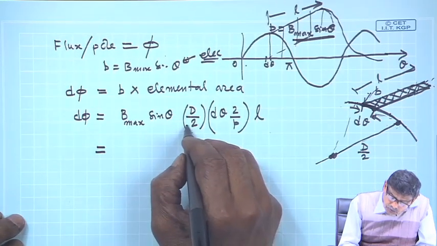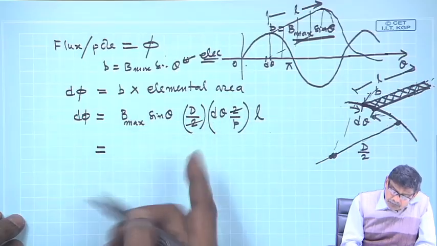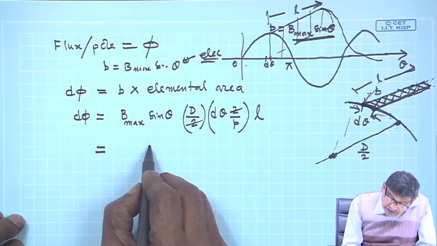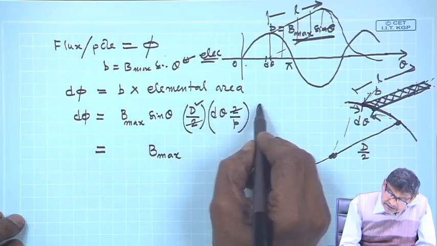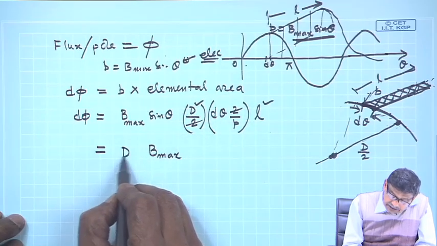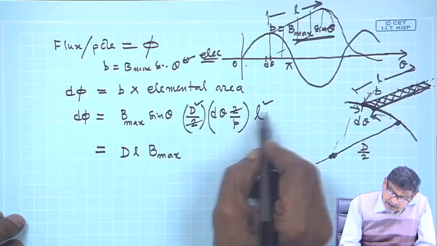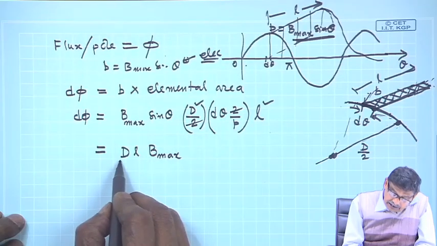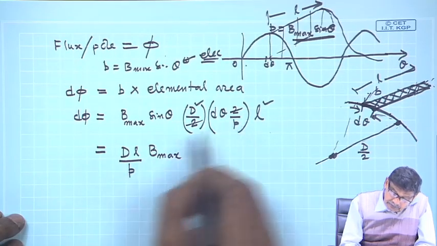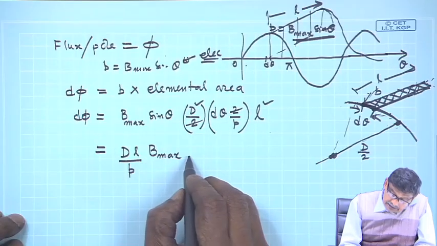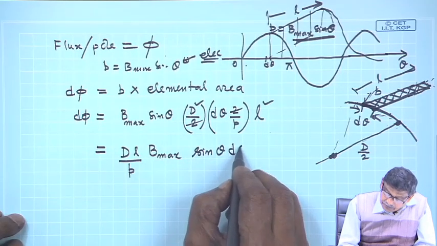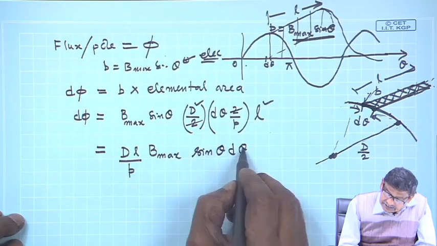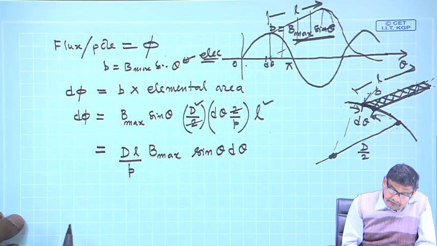So this 2 goes. Hopefully it is correct, let us see. It will be B max, then D and L, where D is the diameter of the rotor, L I have written, d theta, and there was a P here, and then sin theta d theta. Now this theta is in electrical, d theta is also in electrical.